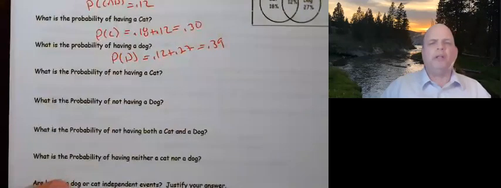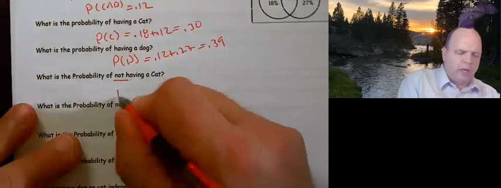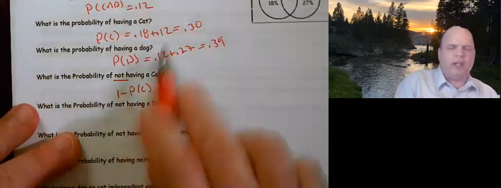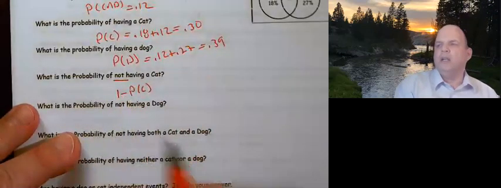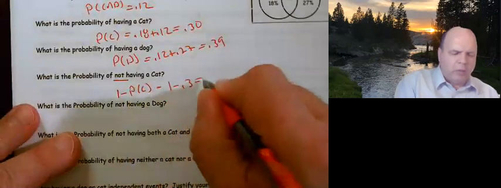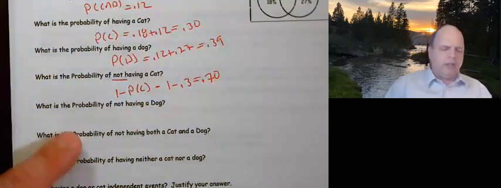What is the probability of not having a cat? So here's a "not," so 1 minus the probability of having a cat. You said having a cat was 0.3, so this is going to be 1 minus 0.3 equals 0.70. What's the probability of not having a dog?